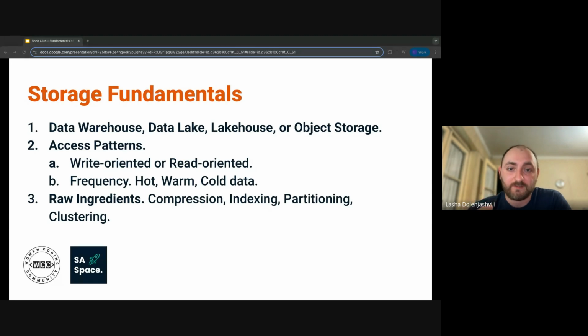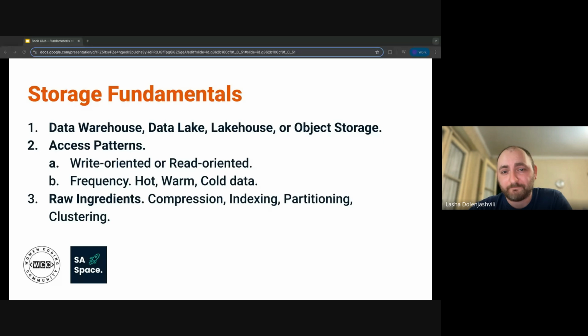It's designed for fast single-record inserts and updates, whereas a data warehouse is read-oriented. It's designed to scan and aggregate billions of rows very quickly for analytical queries. So when you use the wrong one for the job, it leads to terrible performance and high costs.